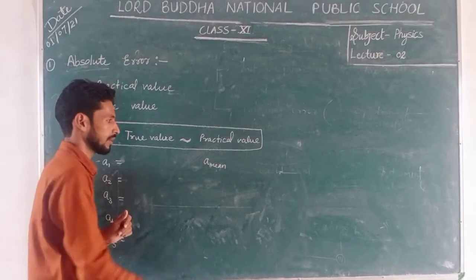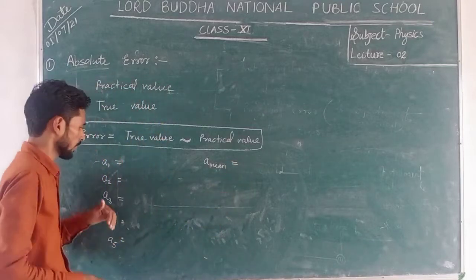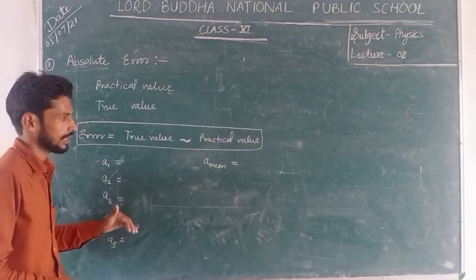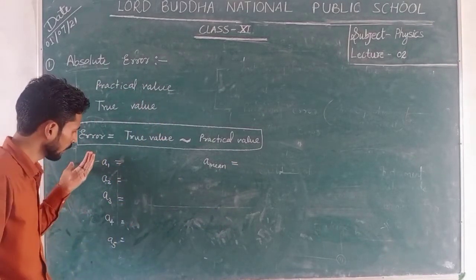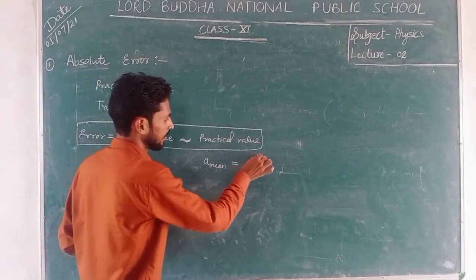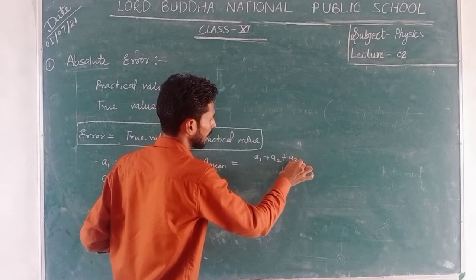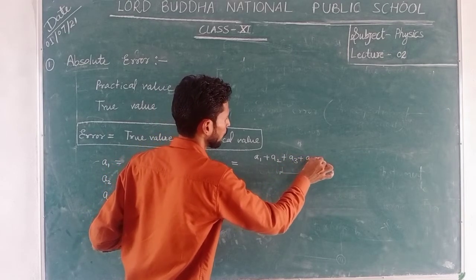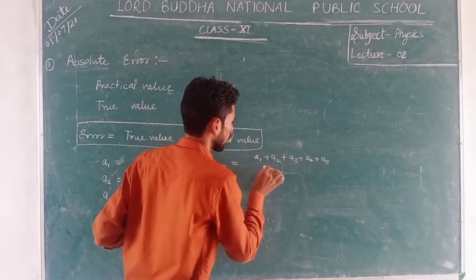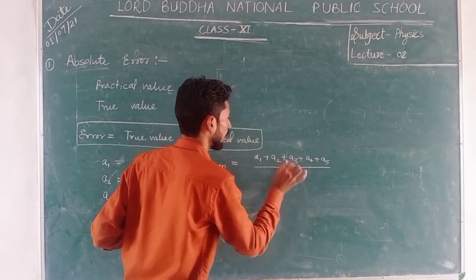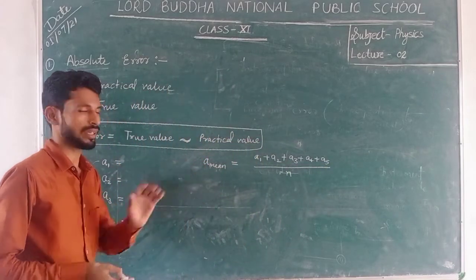What is A mean? A mean equals all the terms added and divided by the number of terms. So A1 plus A2 plus A3 plus A4 plus A5 divided by the number of terms. That is A mean.